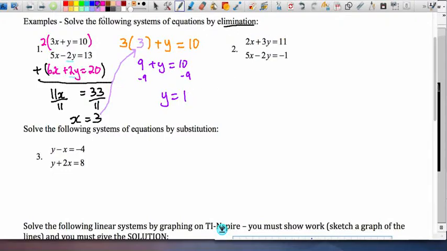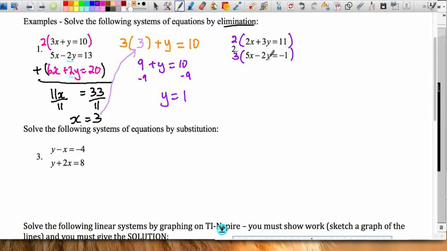So I'm going to go on and do the second example. It's exactly the same thing, but the reason I've included a second one is because you'll see it's a little more complicated. There is not a single number that I can multiply by to get either the x's or the y's to line up. And so in this case, I'm going to multiply the first equation by 2, and I'm going to multiply the second equation by 3.